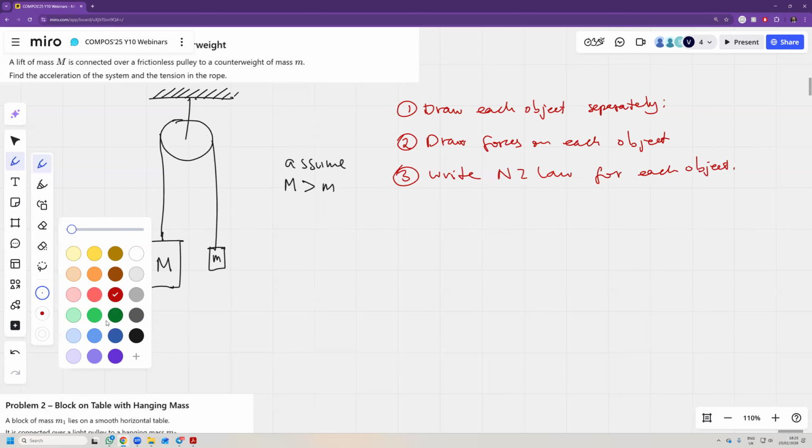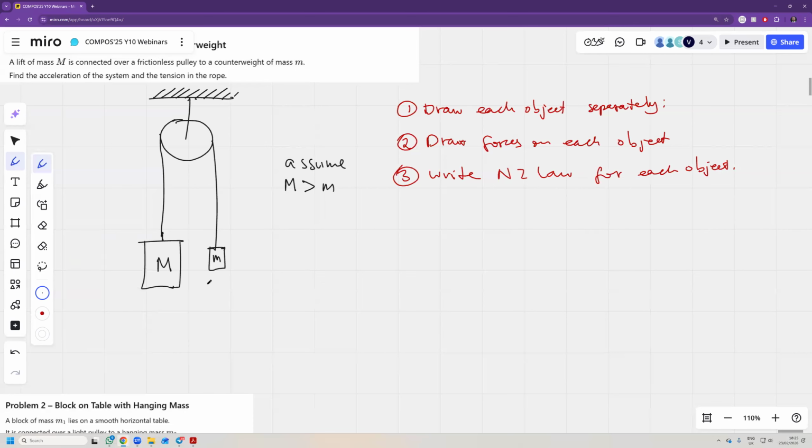All right, so you start by drawing the first mass. Each object with mass. If it doesn't have mass, it doesn't make sense to write down Newton's second law, because m is 0 and ma is 0.